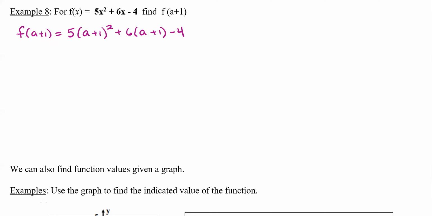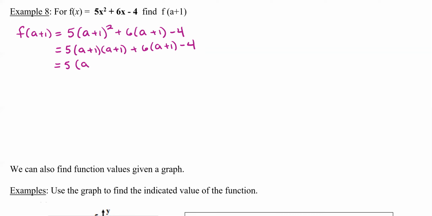And now we're going to simplify this. Keep in mind that a plus 1 squared is a plus 1 times a plus 1. That needs to be multiplied. So a plus 1 times a plus 1.